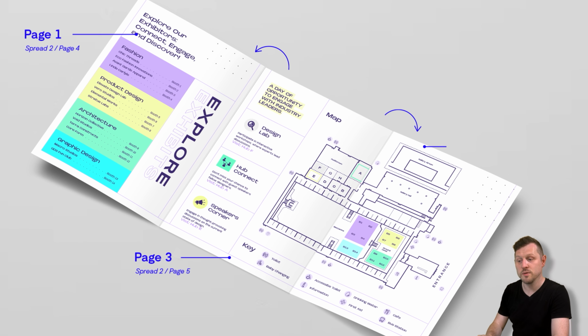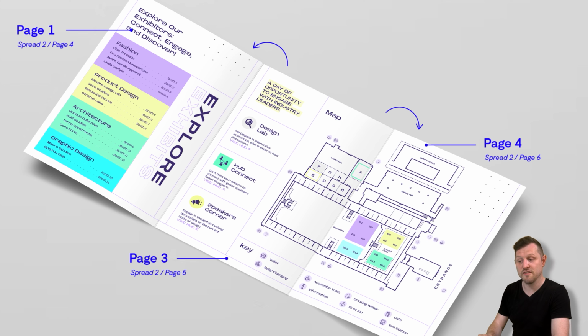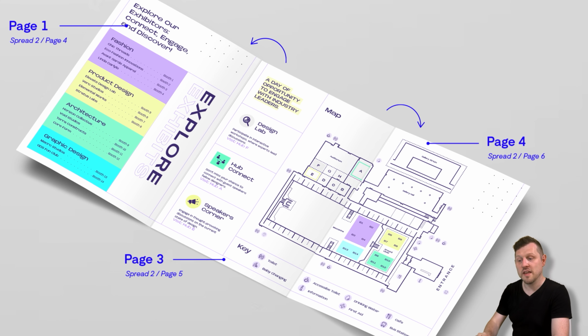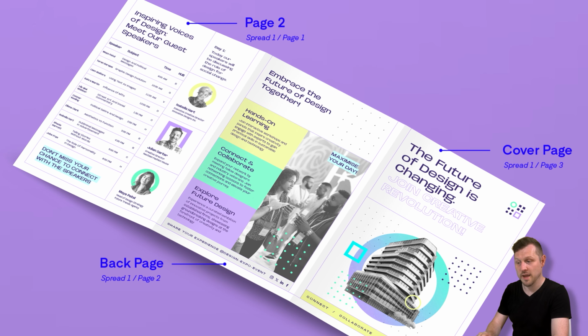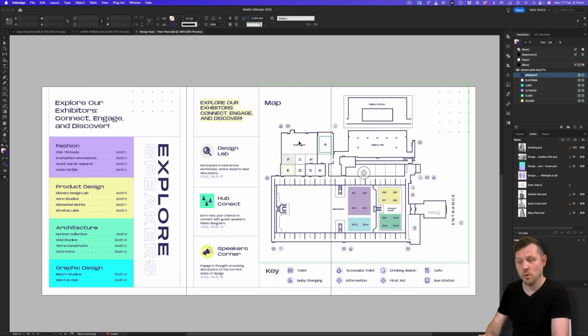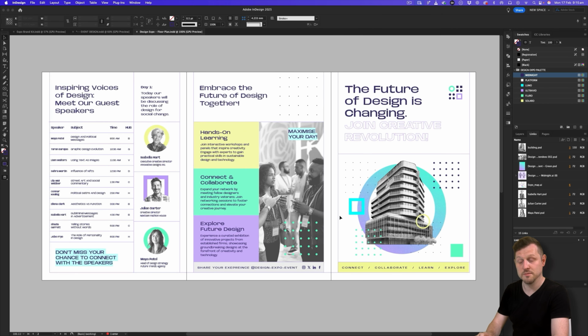Then when the user opens up the next page, they will see the full inside spread. If they close the pamphlet and turn over, they will see the back page, the middle page on the first spread. So when working on a print publication that has multiple folds, one has to be careful of where the content is placed on the spreads to create an effective flow.